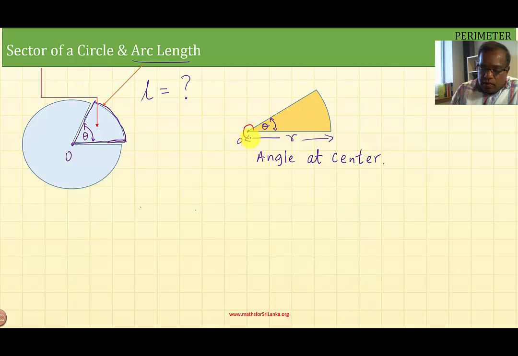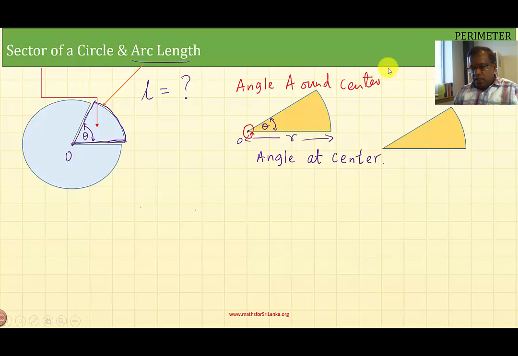If I go around this center, that is called the angle around the center. So the angle around the center is always 360 degrees.